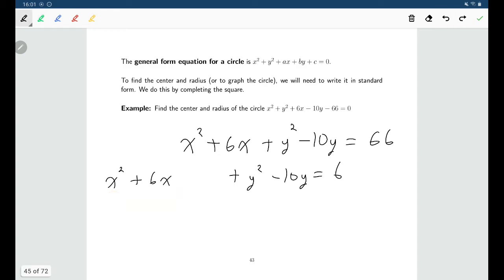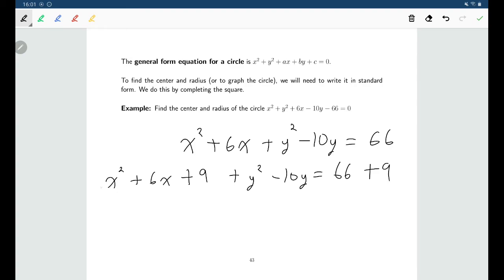And so we do that by looking at the x term and asking ourselves for that coefficient, if we cut that in half and then square it, what would we get? So positive 6, if we cut that in half, that's positive 3. And positive 3, if we square that, we have 9. So 9 is the amount that I'm going to add to both sides of my equation.